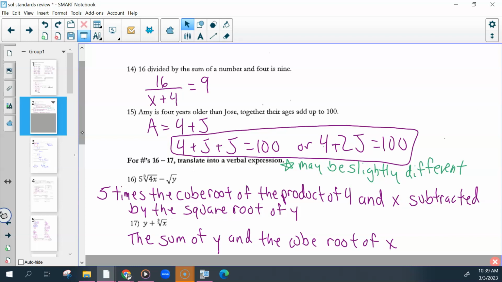So if you know how old Jose is and you add 4 to it, you get Amy's age. You kind of got to do that backwards. Then together their ages add up to 100, so you can either take the equation for Amy's age and add Jose's age to get 100, or combine like terms. Questions on 14 or 15?